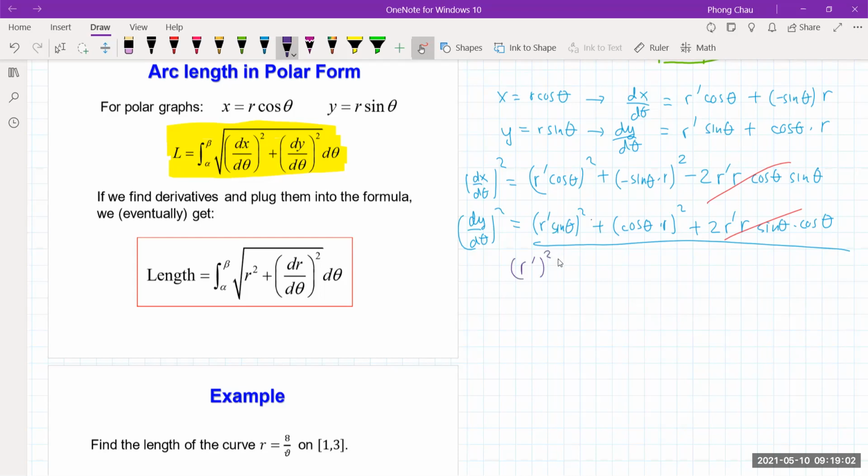When you factor out r prime squared, you have cosine squared theta plus sine squared theta. Likewise, this has r squared in common. If you take the r squared out, you're left with sine squared plus cosine squared.